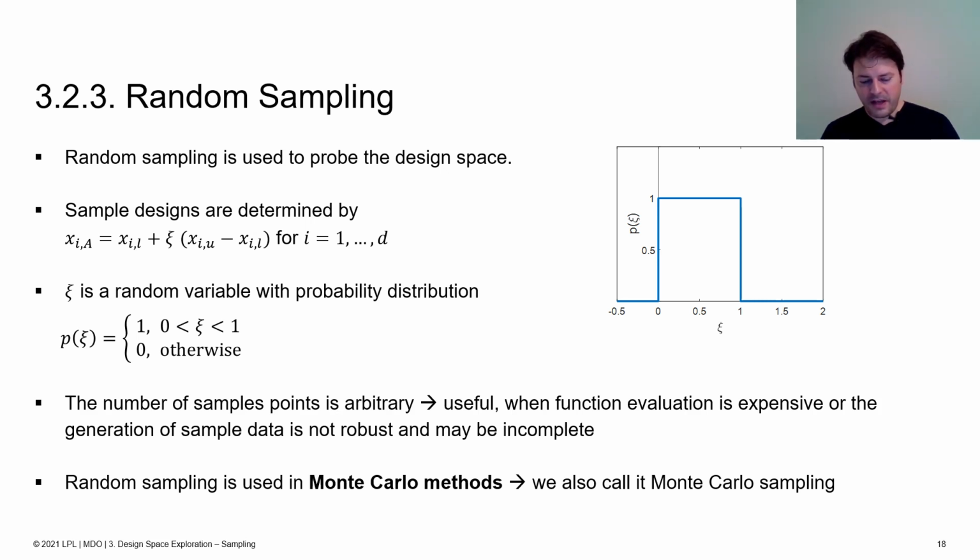So there is an element of chance involved here, but I will show you that this kind of sampling is actually extremely powerful, and for arbitrary problems, in particular nonlinear and noisy problems, preferable to structured design methods.